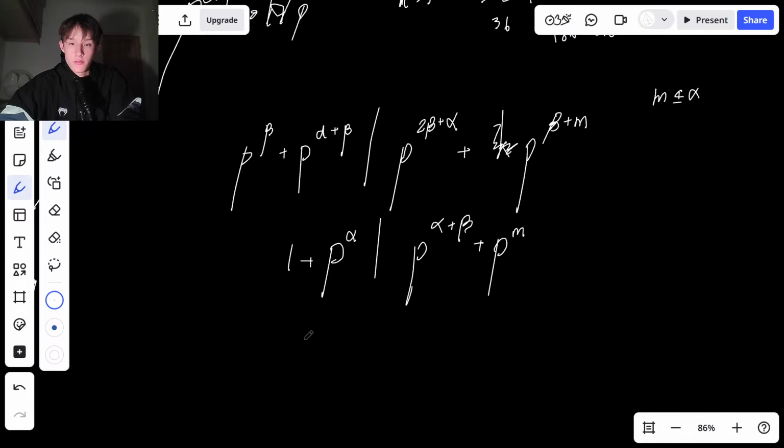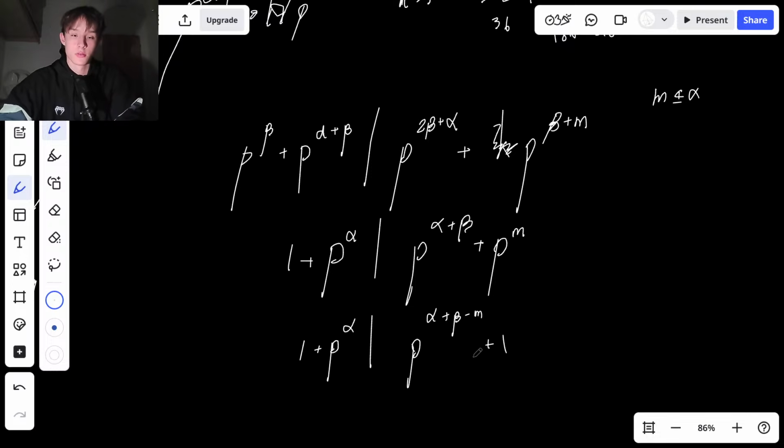Okay, m is less than or equal to alpha, so we get 1 plus p to the alpha should divide p to the power of alpha plus beta minus m plus 1. And if I set m equal to beta, we get the desired thing, so we're happy.